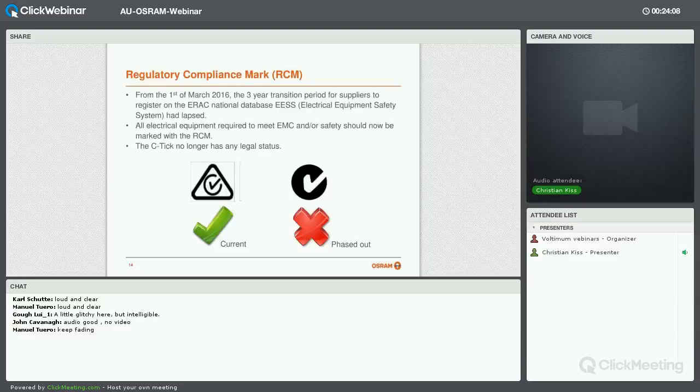What that effectively meant is that all electrical equipment, if it was previously marked with the C-tick, had to migrate across and now be marked with the RCM mark. So effectively, from this date on, the C-tick had no legal status anymore. It's been phased out and the RCM has taken over to represent both EMC and safety. The C-tick only represented EMC specifically.